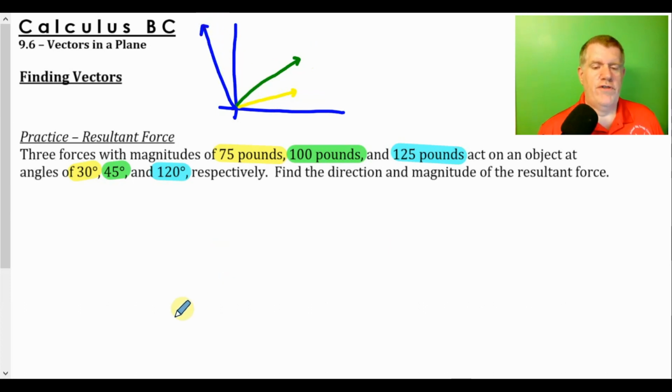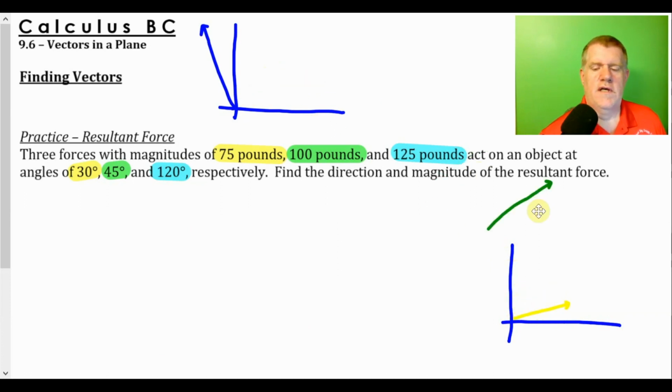So if I put those 3 together, what do you think an approximate answer should be? Let me do this over here, just to give ourselves some room. I'm going to take these vectors. We got that one, I got that one, and I got that one.